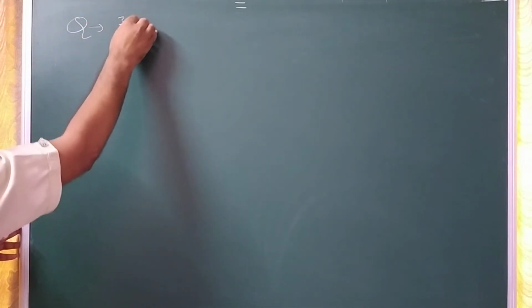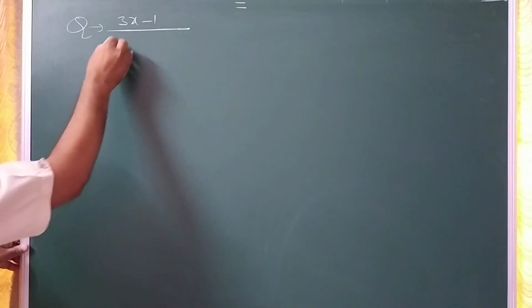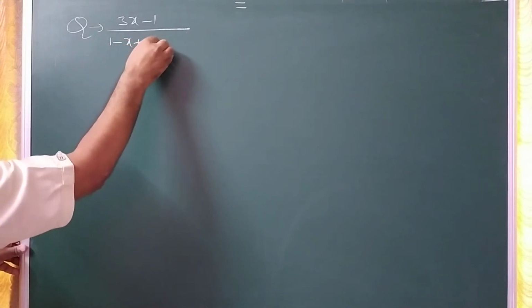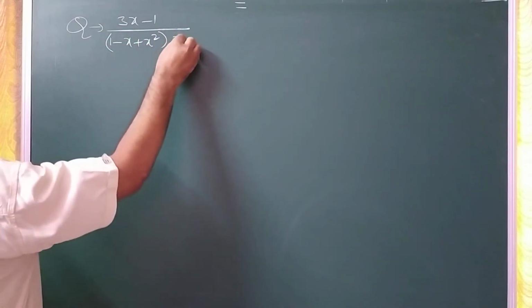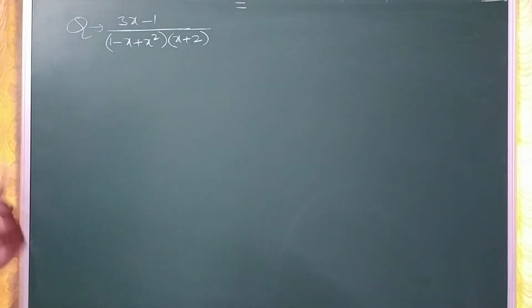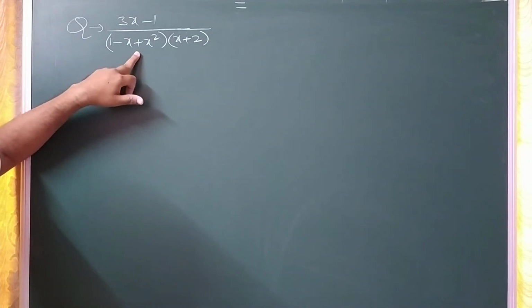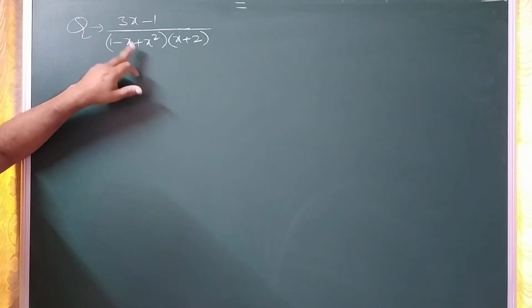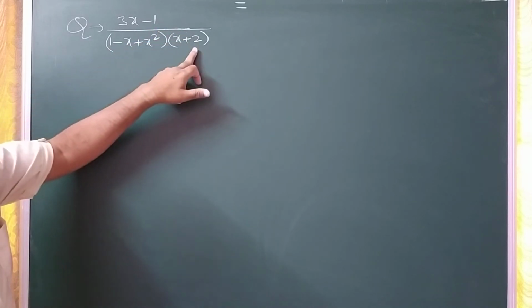So the question is 3x minus 1 by 1 minus x plus x square into x plus 2. So we have to find the partial fractions of this. You see the first factor, this is clearly an irreducible quadratic factor. You cannot further factorize it. And this is clearly a linear factor.